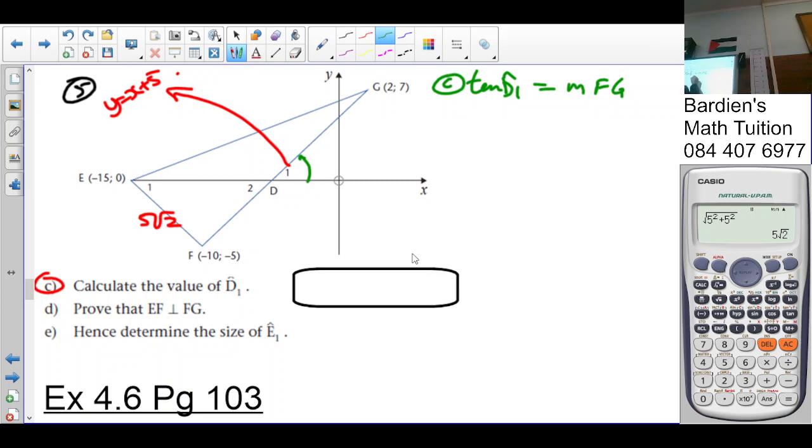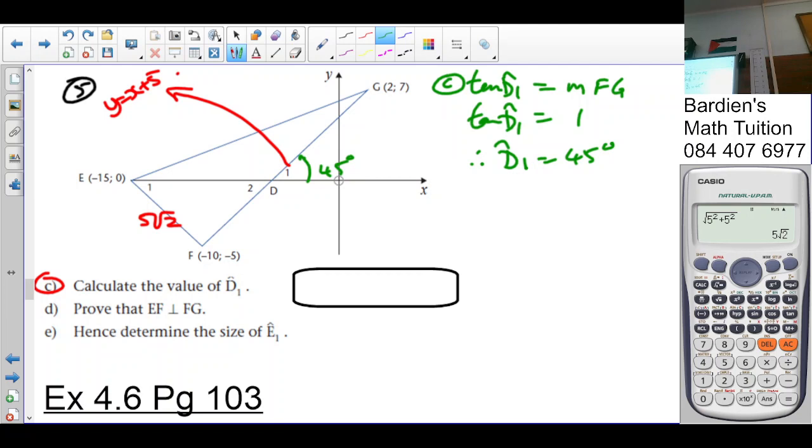So the gradient of FG: change in y over change in x, so it's 7 minus negative 5 over 2 minus negative 10. That gives you 12 over 12. Now we have the gradient, so you don't have to do this again. You say tan of D1 is equal to 1, and therefore D1 is equal to 45 degrees.